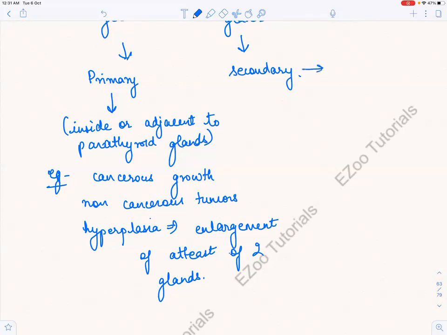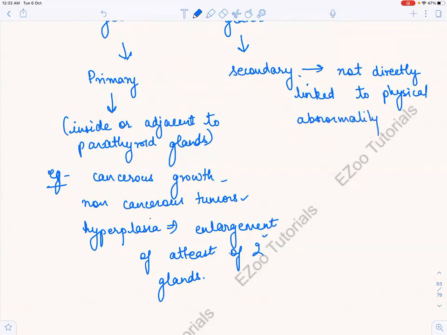Secondary one, it is important, it is not directly linked to a physical abnormality, right? That was linked to some tumor, growth, enlargement, so that is primary. Secondary is not directly linked to physical abnormality.